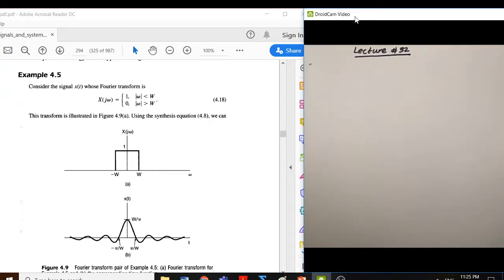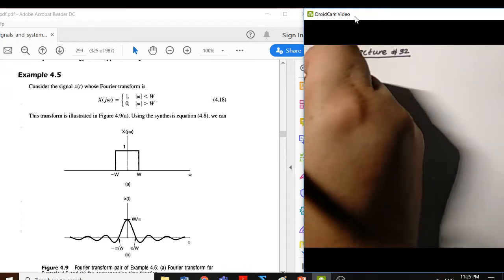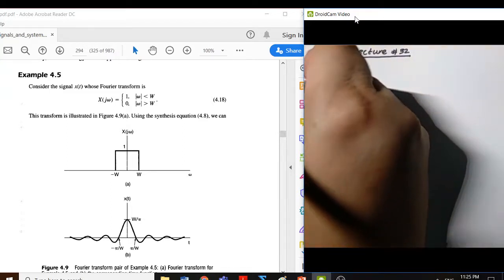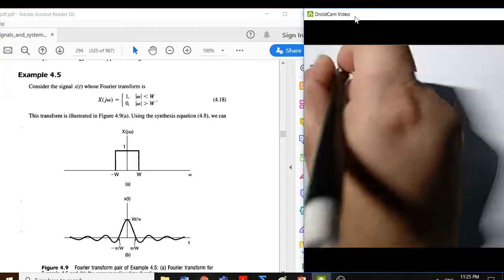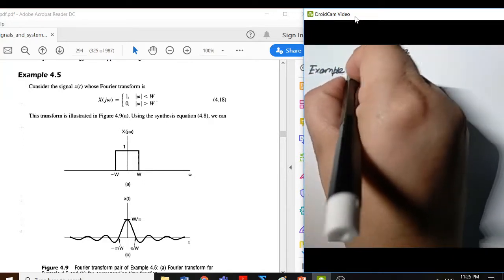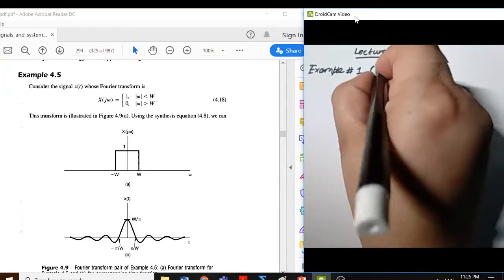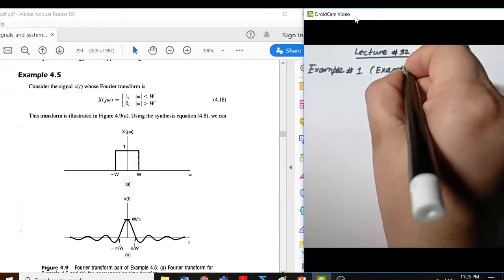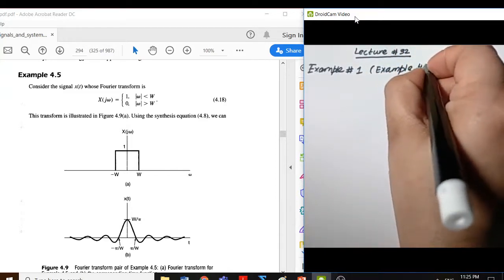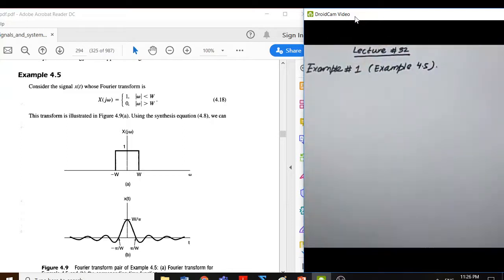So first of all, we'll start our lecture with an example. This is example 4.5 of your book, and this example is going to be used to determine the inverse Fourier transform.